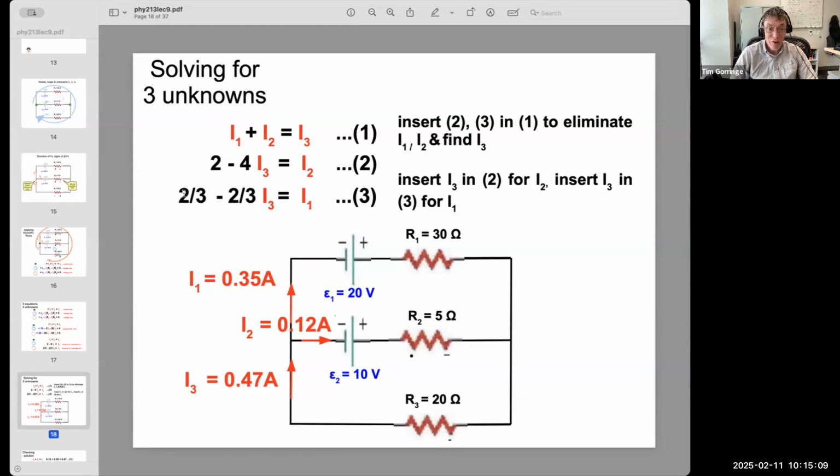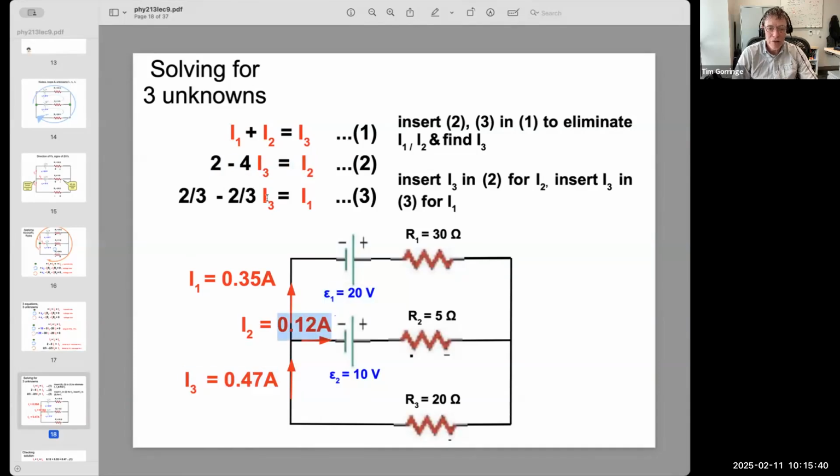luckily this equation is the right equation. And it did allow me, if I plug equation 2 and 3 into equation number 1, to solve for I3. Once you've done that, you've basically solved the problem. Because if you plug 0.47 amps into equation number 2, it tells you what I2 is: 0.12 amps.